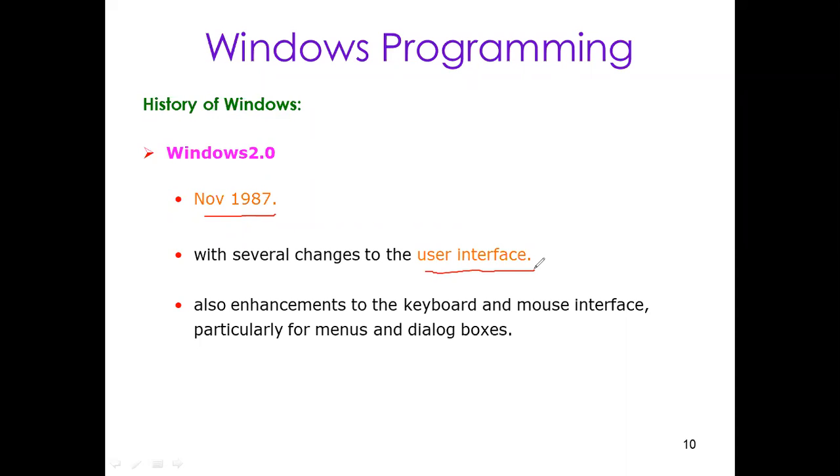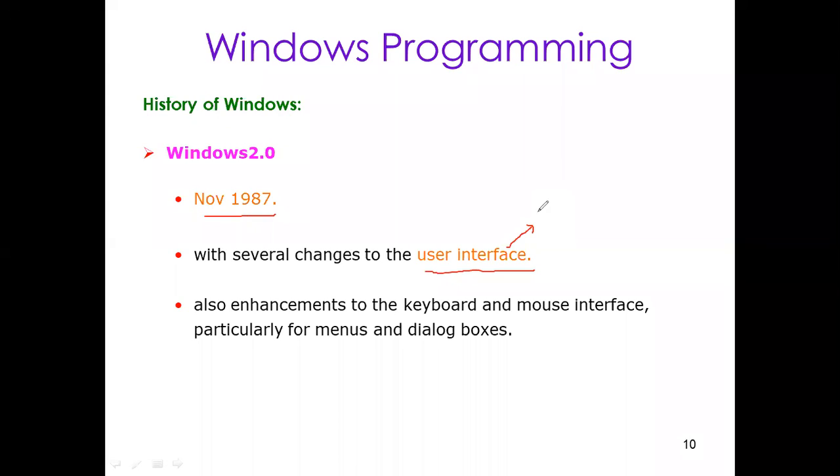There are some changes in how the user can interact with the system. That is called the user interface. User interface means how users are basically interacting with the system. Initially, they were using a command line interface, which the user preferred, but it was somehow time-taking.